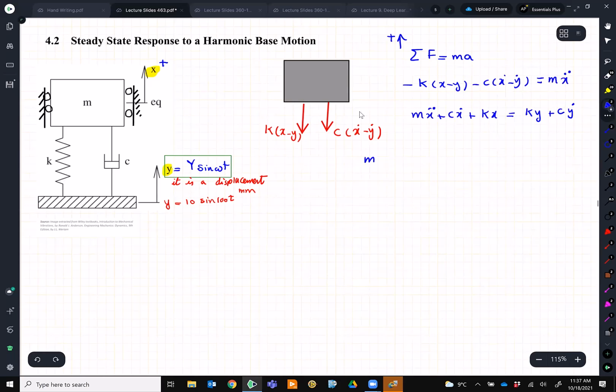So I would get m x double dot plus c x dot plus k x is equal to k y, which is k capital Y sine omega t, plus c y dot, which is c omega Y cosine omega t. And this is now my differential equation.